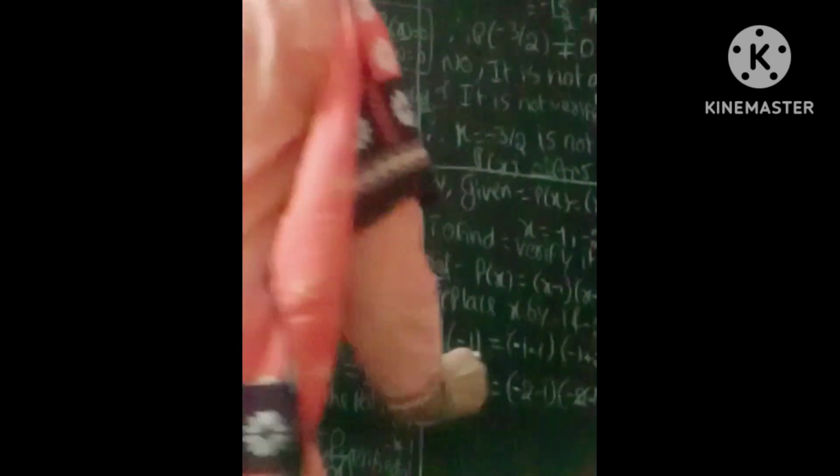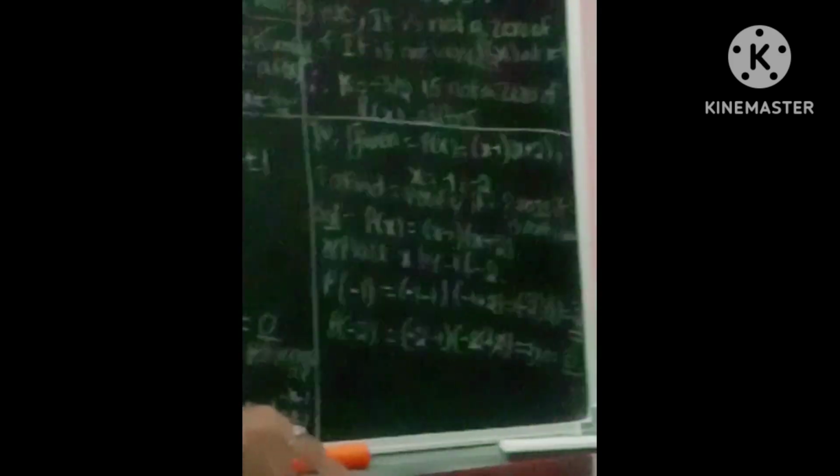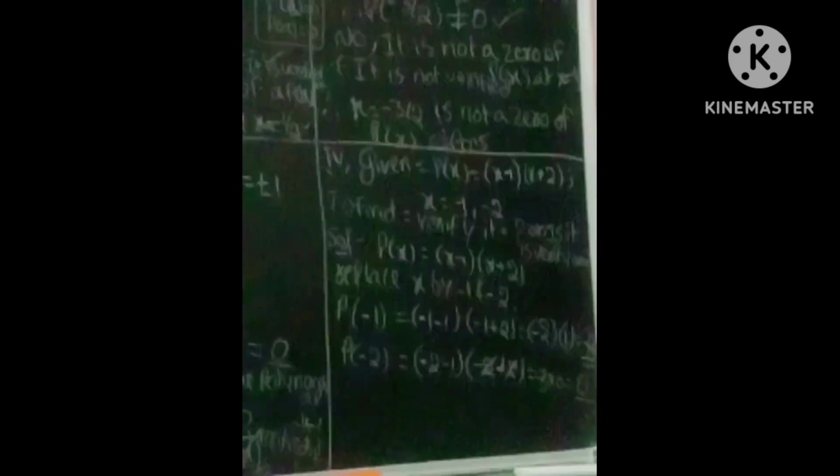Minus 2 plus 2 is 0, and minus 2 minus 1 is minus 3. Minus 3 into 0 equals 0. Something into 0 is nothing but 0. Is it a zero of the polynomial? Yes, in the case of P of minus 2 it is a zero of the polynomial. But in the case of minus 1 it is not a zero of the polynomial.